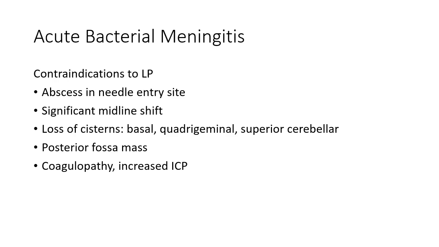One being an abscess in the needle entry site, and this is, of course, to prevent any potential seeding of the CSF space with whatever infection may be occurring in that abscess. Significant midline shift on the CT scan. Similarly, a loss of cistern, so the basal, quadrigeminal, superior cerebellar cisterns, which is similar to what we saw in the previous CT.